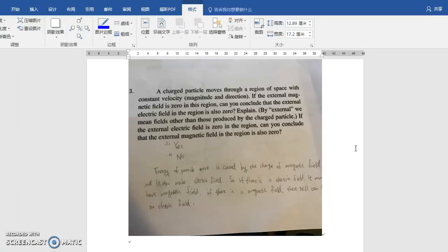So if there is an electric field, there must be a magnetic field, and if there is a magnetic field, there can still be no electric field. That means if a magnetic field exists the electric field may not exist, but if an electric field exists the magnetic field must exist.